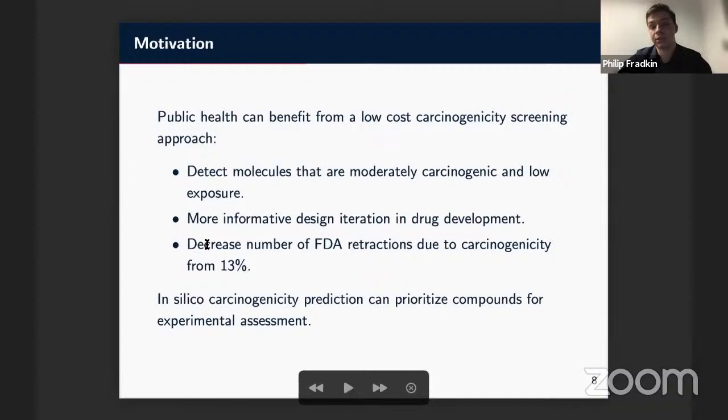And finally, you can decrease the number of FDA drug retractions due to carcinogenicity from 13%, which is where it's currently at. And the way that we can do this is that in silico carcinogenicity prediction can prioritize compounds for experimental assessment instead of just testing everything.